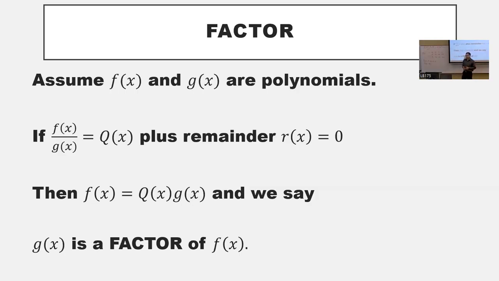Now, by the way, these last couple of examples, the ones where we had remainder of 0 and the ones where we haven't had remainder of 0, mean something. If I have f of x divided by g of x give me a quotient, so dividend over divisor gives me quotient, with a remainder of 0, what that implies is that f of x can be rewritten as quotient times divisor.